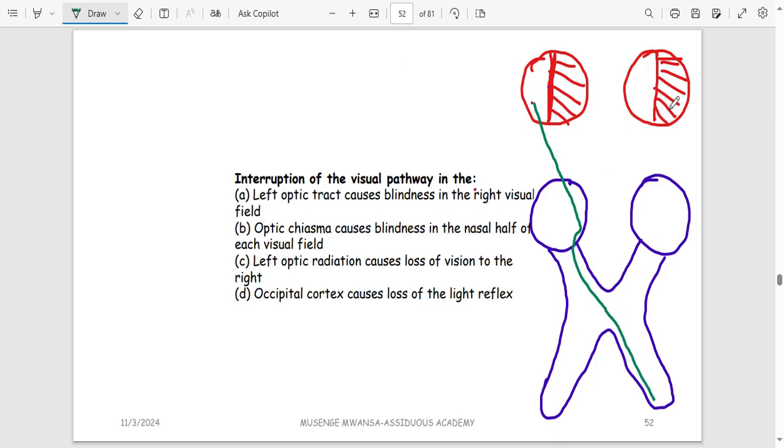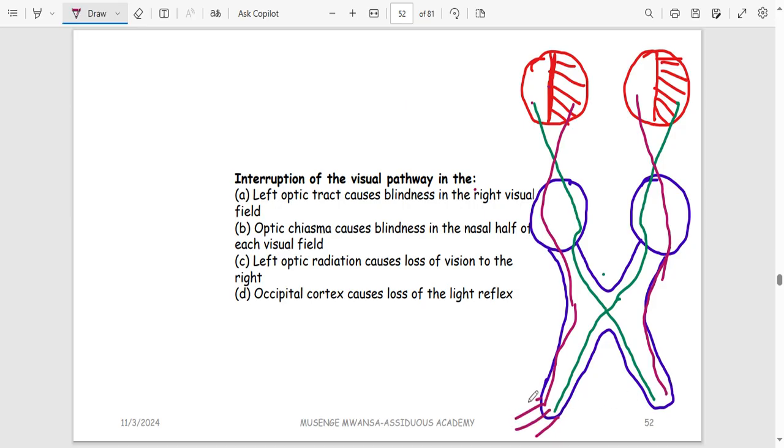Same with this guy, who also comes like so, decussating. Can just put also this one going like that, but this guy is still going to the same side. Even this guy will still go to the same side. And then we are going to have the optic radiation, which are going all like that. And then even this one will go like that.